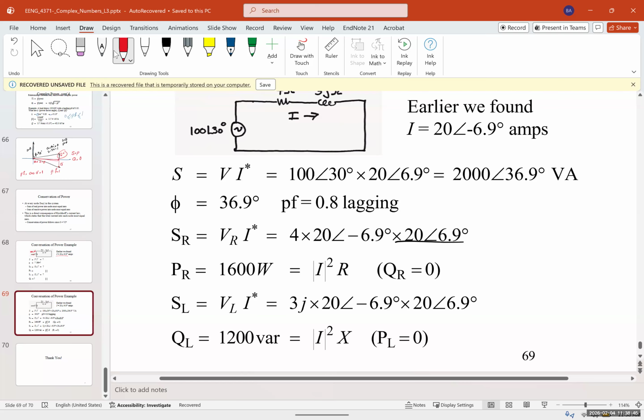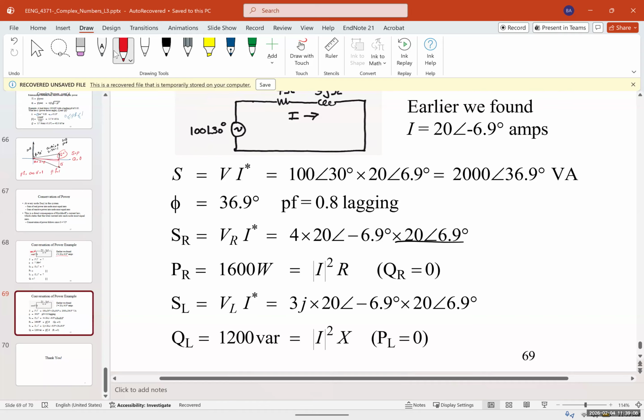It's going to be V, which is 100 with an angle of 30 degrees, times 20 with an angle of 6.9 degrees. It's going to be 2 kilovolt-amps with an angle of 36.9 degrees. Now phi is 36.9. Power factor is going to be 0.8 lagging.